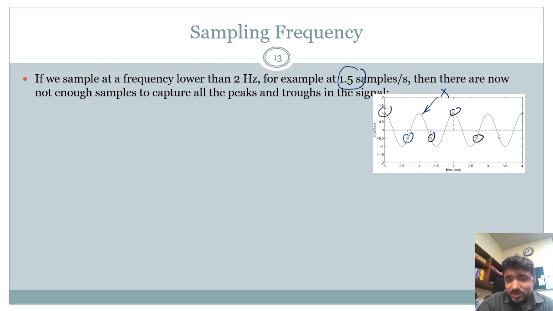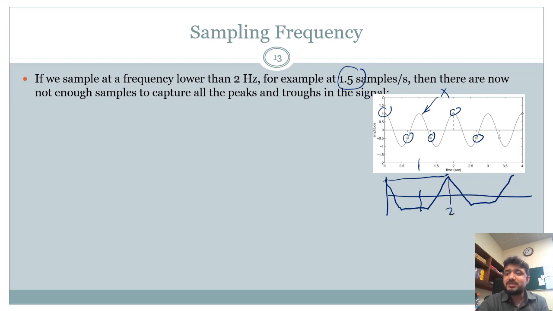So essentially what you're going to get is this, this, and this. If you look at this, this was the 1 second mark, and we did not complete a cycle. We completed a cycle at the 2 second mark.